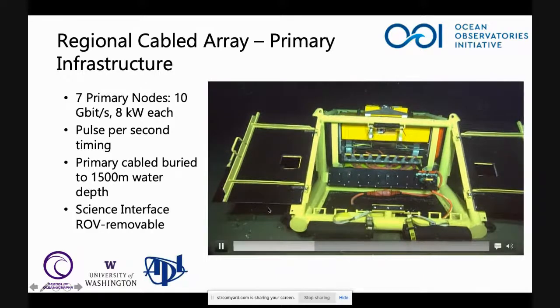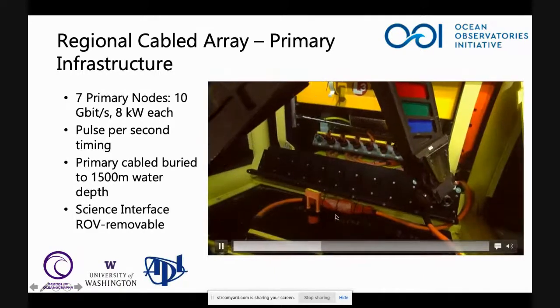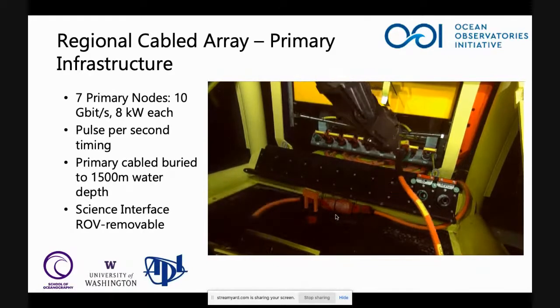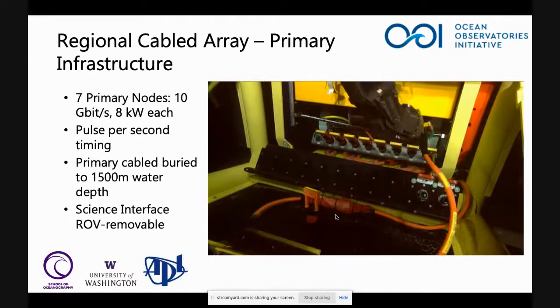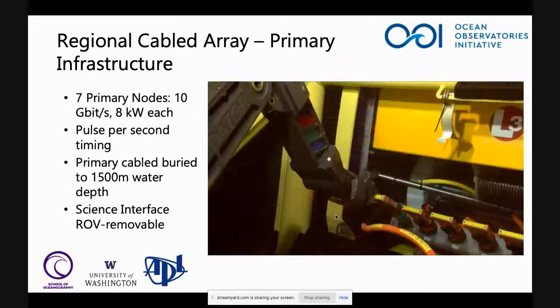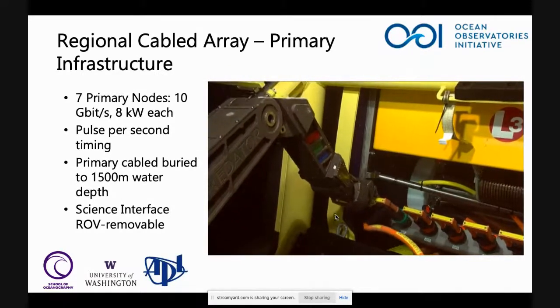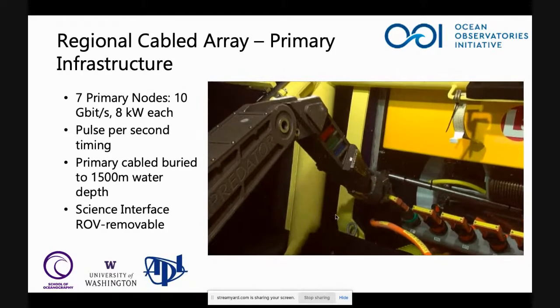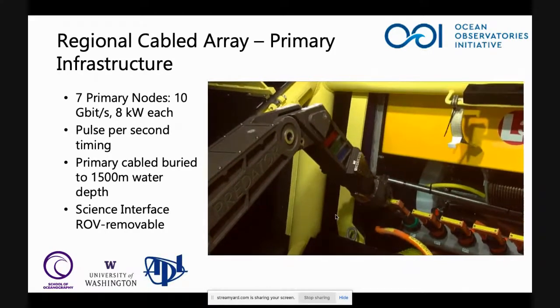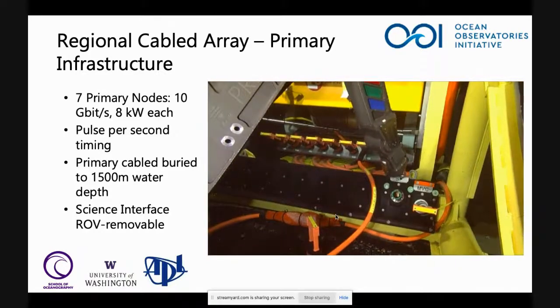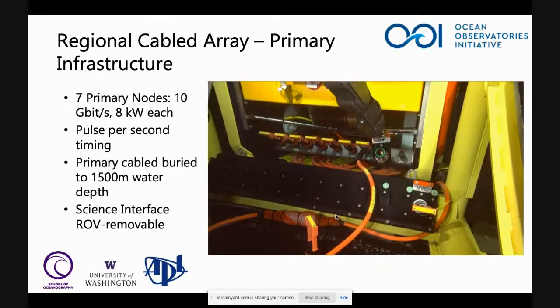And you can see here that they're made to be ROV operable, so ROVs can come and maintain and operate the system. There's an interface piece that the ROV can remove and replace, and that's the part that interfaces with the scientific assemblies. You see the ROV now moving cables and connectors around.